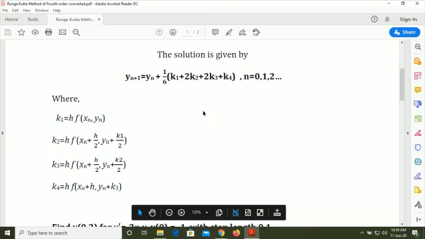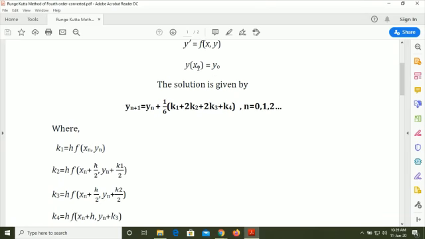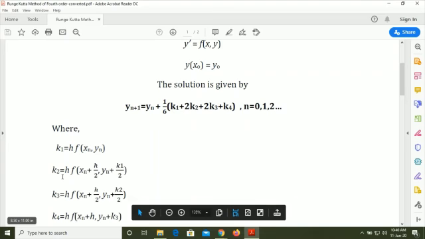So, if x0 is given along with the corresponding y, that is y0, then by putting n = 0 here, we find y1, where y1 is y0 + 1/6 (k1 + 2k2 + 2k3 + k4), where k1 is h into f(x0, y0). k2 is h into f(x0 + h/2, y0 + k1/2). k3 is h into f(x0 + h/2, y0 + k2/2).